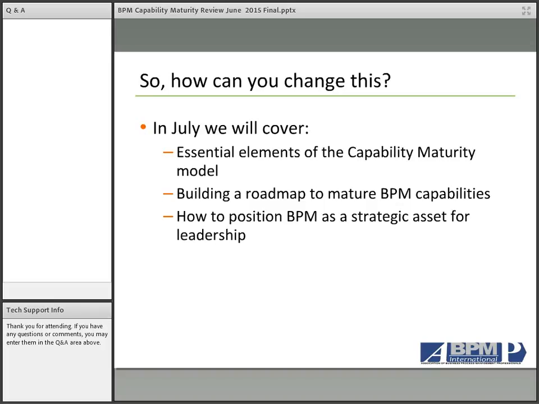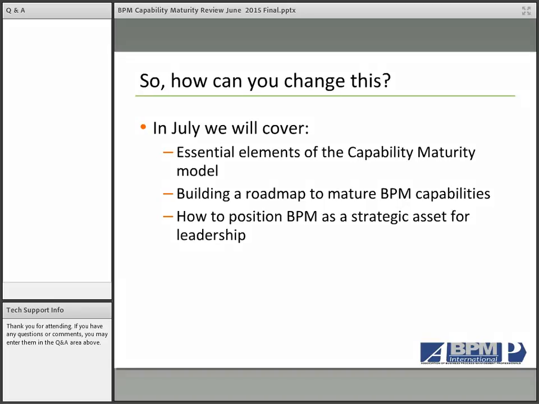As I mentioned, in July, we're going to cover some additional topics and get into more detail on what this matrix looks like. When we talk about the capability maturity model, how does that differ from what Gartner put out in the past? What does it really mean? How do you put it together?